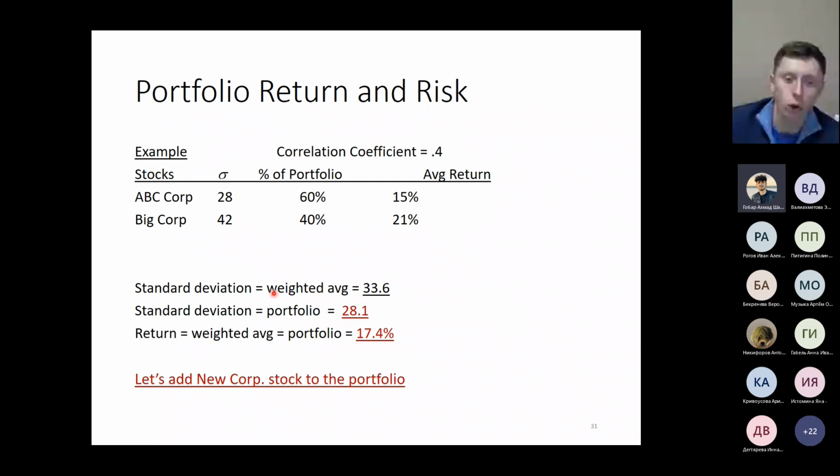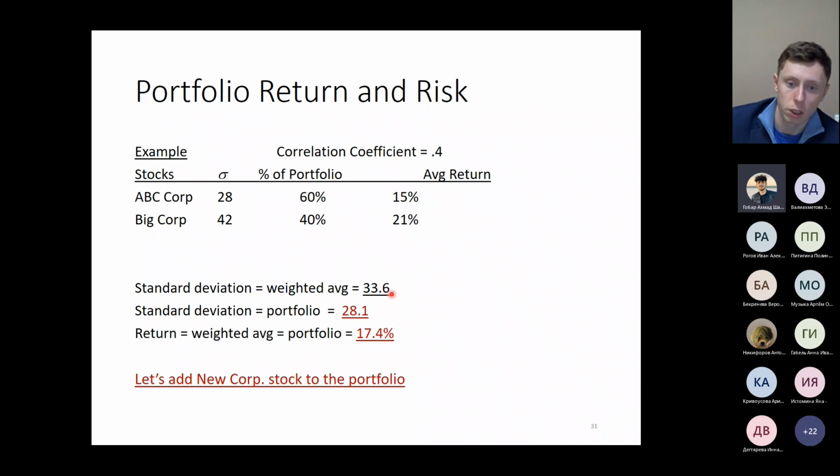Like I told you, we can use the weighted average only for the case of perfect correlation. But here we use it for comparison against the result that we would have with the correlation taken into account, in other words, the case where there is no effect of the correlation.